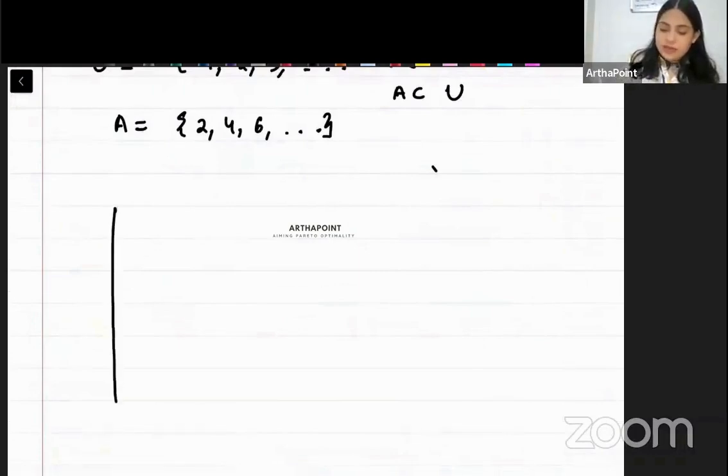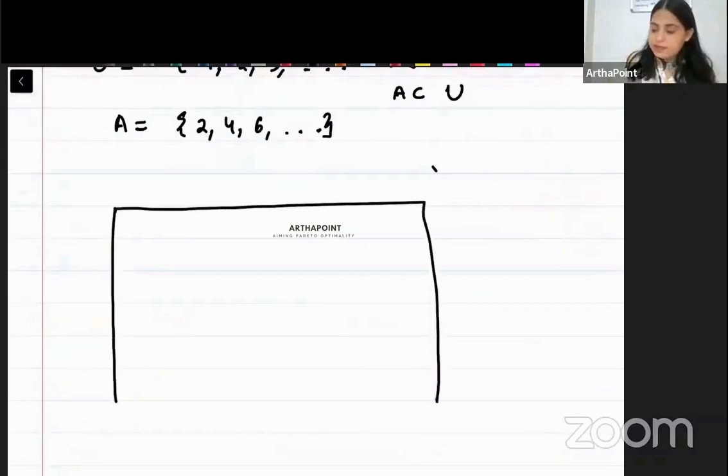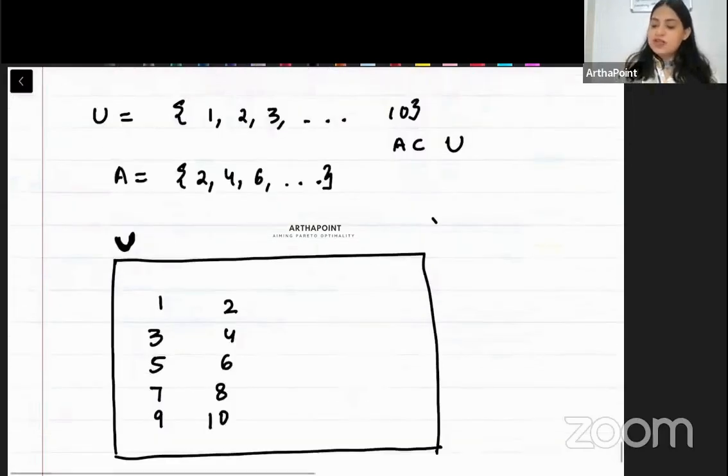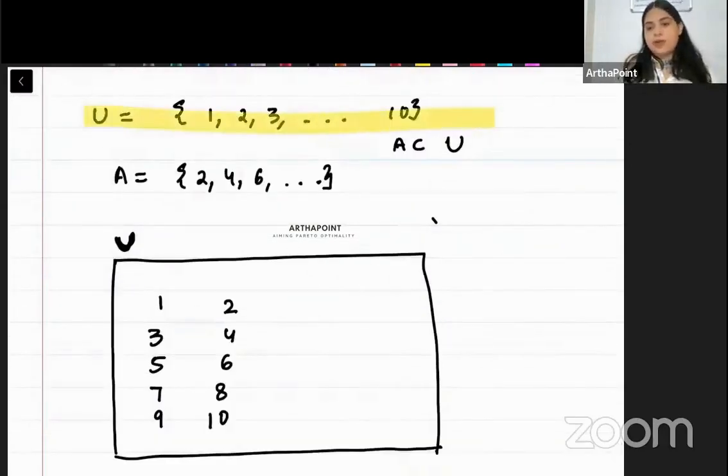This is how I will represent it in the Venn diagram. This box represents my universal set. The universal set has all elements, 1, 2, 3, 4, 5, 6, 7, 8, 9, 10. It has all elements from 1 to 10. But now I want to represent a subset of the universal set which only contains even elements.